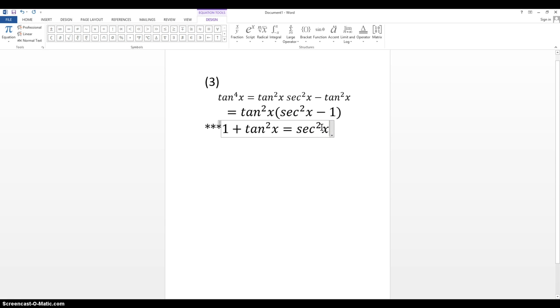Alright, so I want my secant squared to be with my 1 according to this step right here.